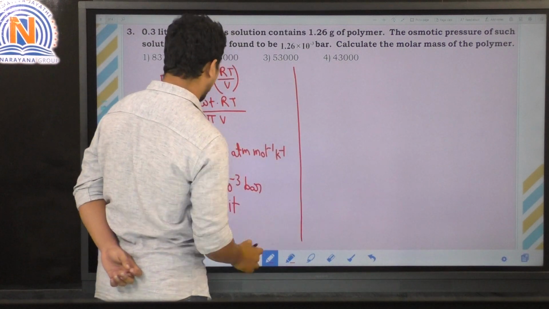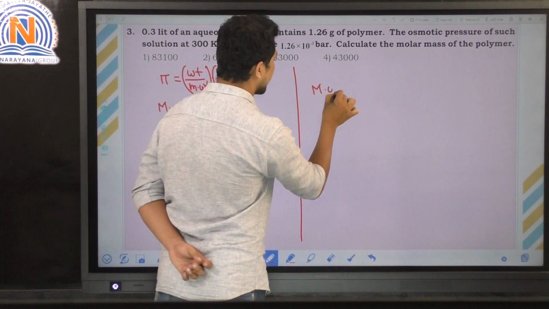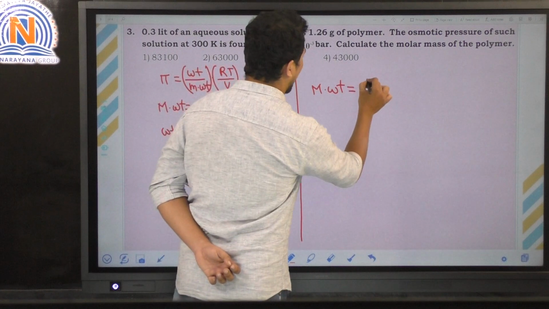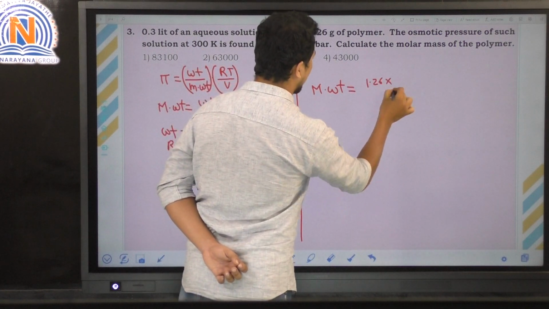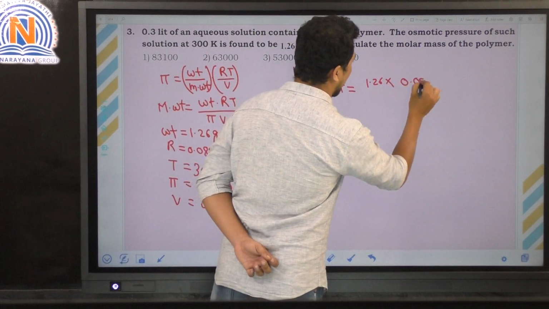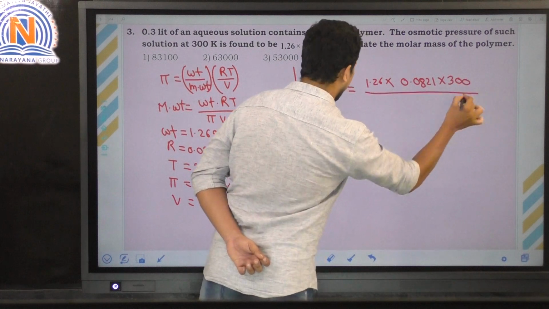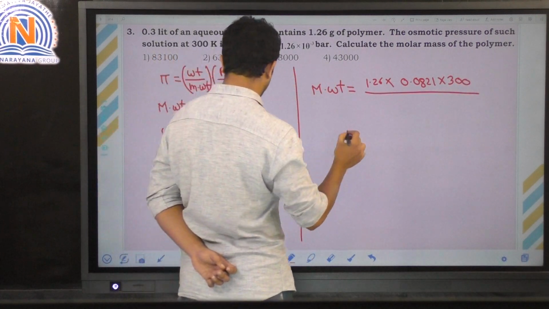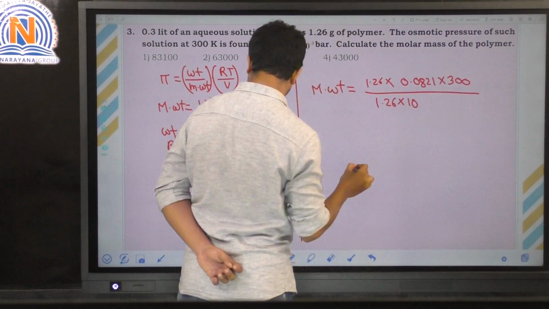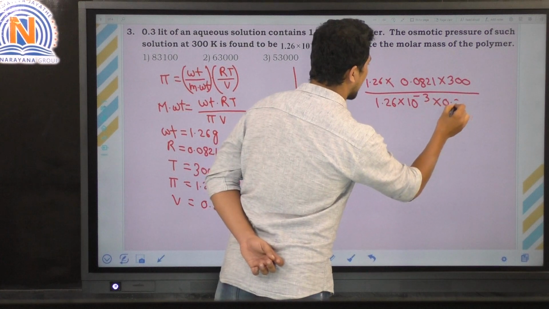Substitute all these values in this formula, then molecular weight equal to 1.26 into 0.0821 into 300 whole by 1.26 into 10 power minus 3 into 0.3.